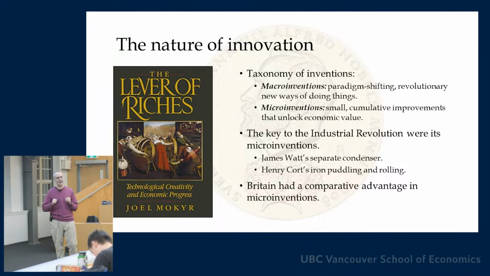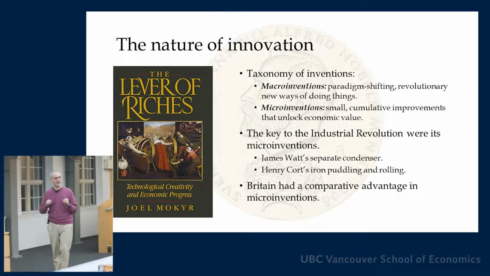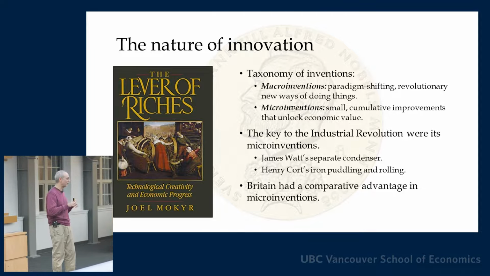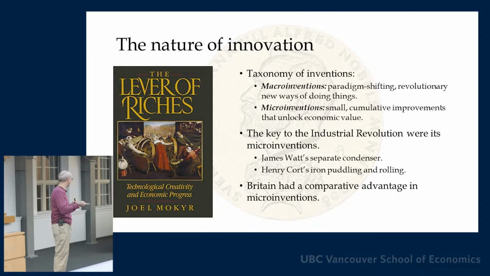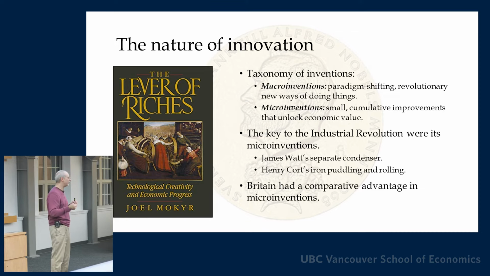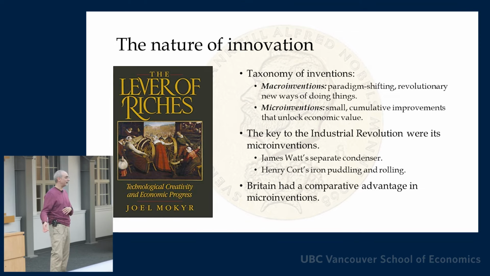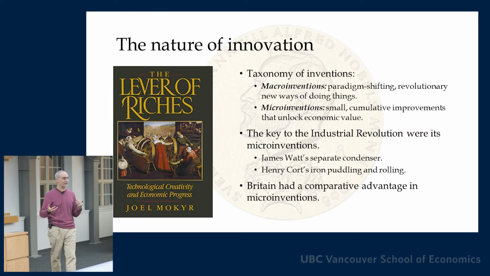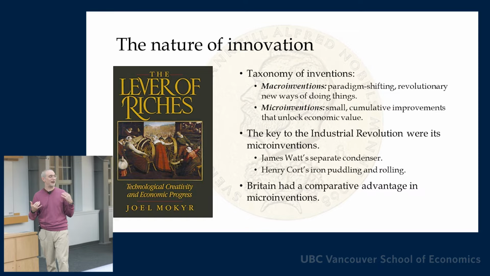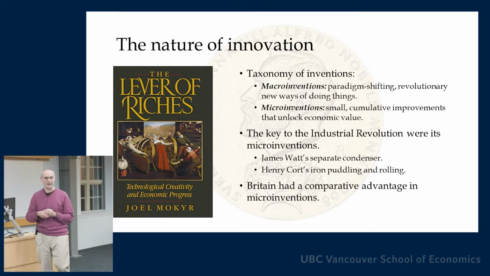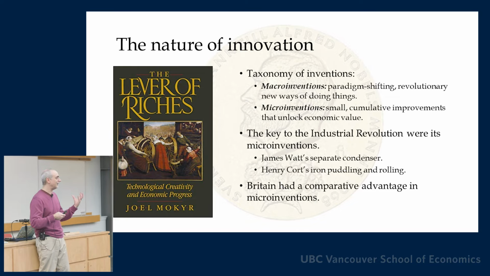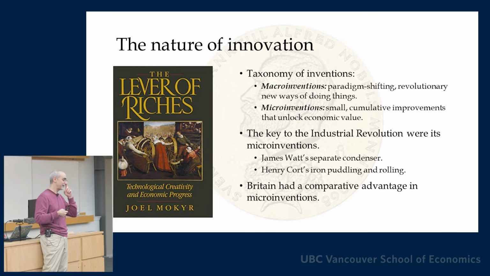If you wanted mechanical energy, you needed a source of mechanical energy, something that moved, a horse or a river spinning a waterwheel, or people. You could not take heat and make things move. That is what the steam engine does. That's why it is a macro invention. It changes the way we think about applying energy to production.